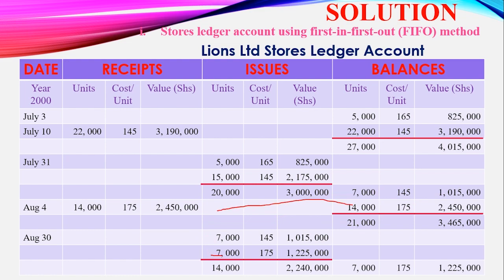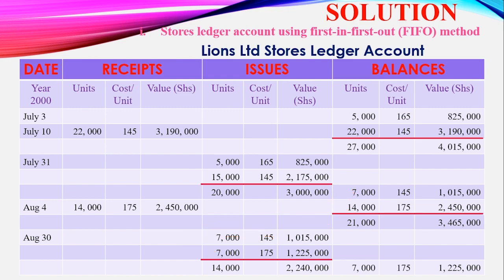So the 7,000 units are going to be obtained from the 14,000 at a price of 175. The total value of that will be 7,000 by 175, which gives you 1,225,000. So at the end of the day, we'll have issued the 14,000 units at 2,240,000, but the 7,000 will be obtained from this stock and the other 7,000 from this stock, so that whatever was obtained first will be issued first.